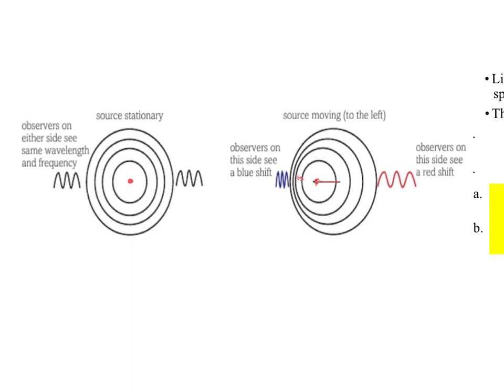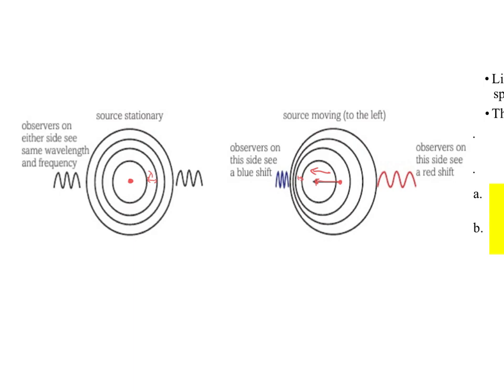And remember, those rings are not rings, they're actually wavefronts, so the distance between them is the wavelength. You can see that it's the same all around, so there's no apparent change in wavelength or frequency. Only when the source starts moving does it cause the observers in the direction that it's moving in to perceive a shift in sound.